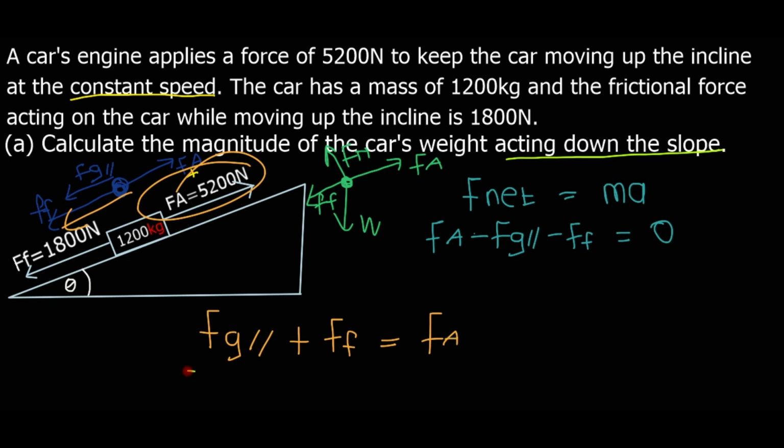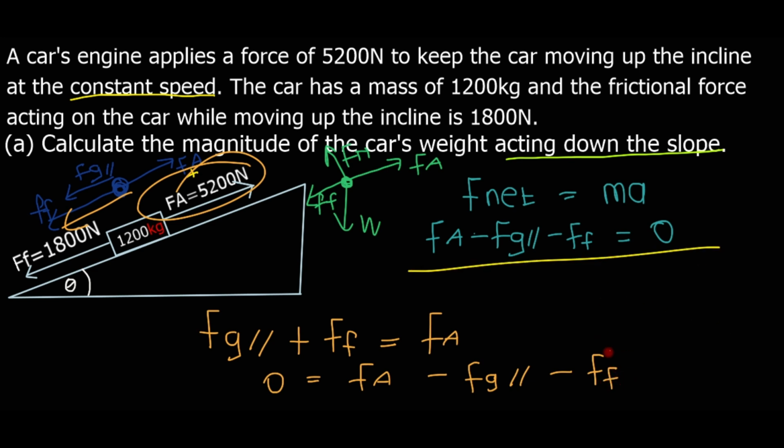This is actually the same as this one, because let's say o tšea this Fg parallel we share to the other side, e rela gore ka mo o tlo ba le 0, and then o na le force applied, and then minus Fg parallel, and then minus a frictional force. So ka kgona bona gore actually it's all the same thing. This is negative, and this is positive. It's all the same thing.